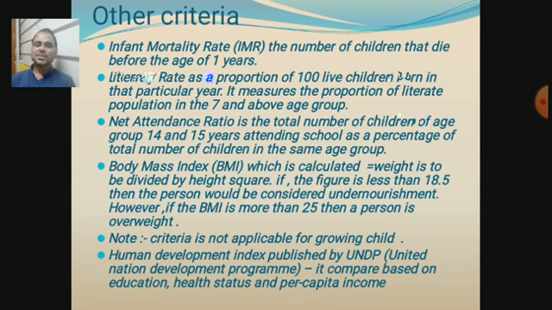These are also some of the important criteria which need to be accepted in the process of measuring development. If you see the Human Development Index published by the United Nations Development Programme, it compares based on education, health status and per capita income.